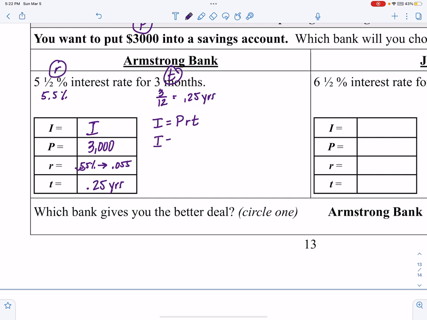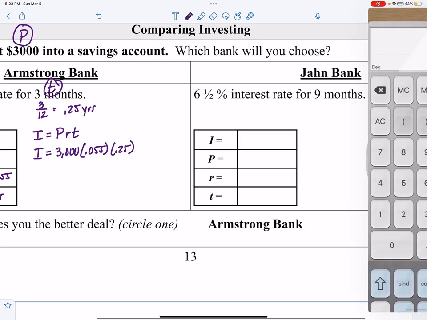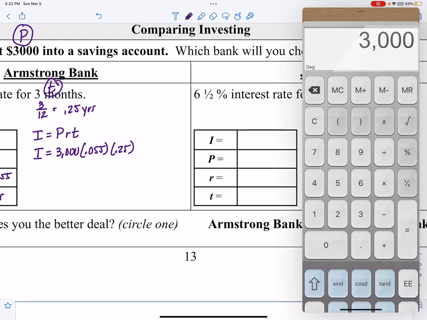I don't know I, which again makes this nice for solving. We have 3,000 times the rate of 0.055 for 0.25 years. Let's go ahead and fill this out. 3,000, or calculate it, times 0.055 times 0.25, and we get an interest earned of, that's money, $41.25 earned.